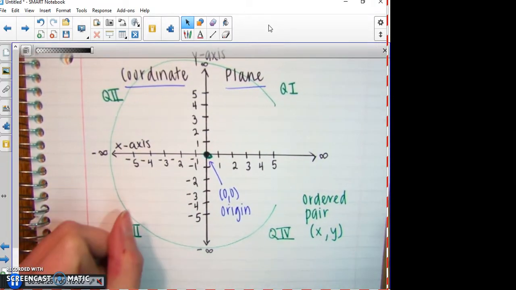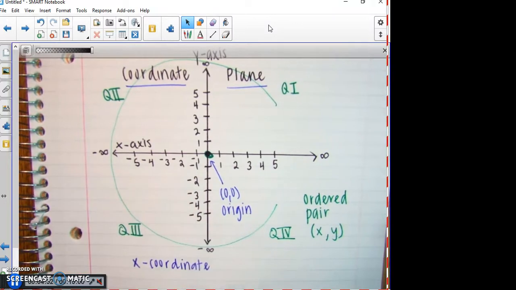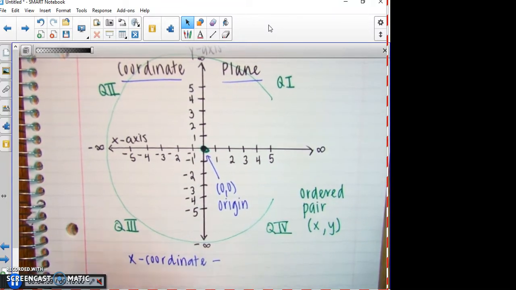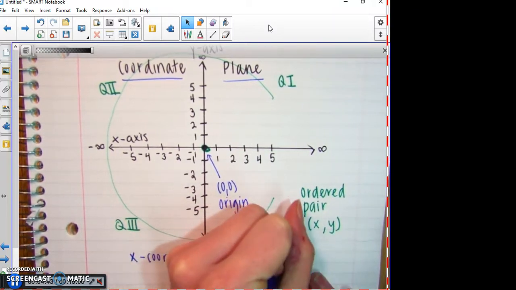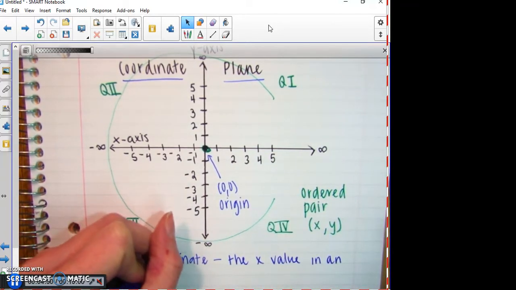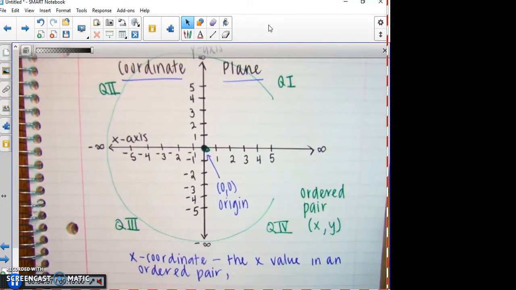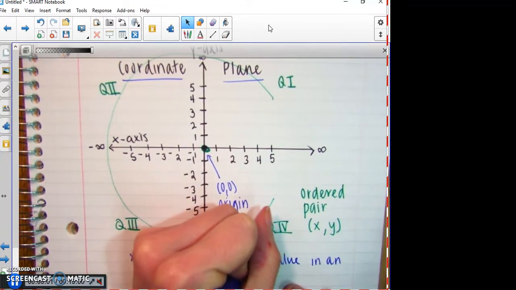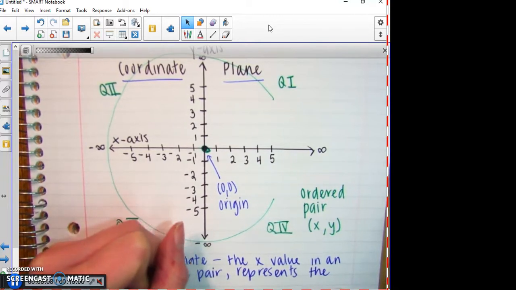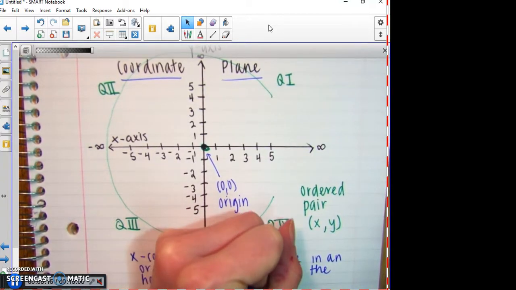If I am talking about coordinates and I say the x-coordinate, that's the x value in an ordered pair, and it represents the horizontal placement on the graph.